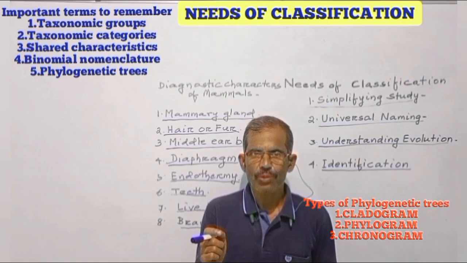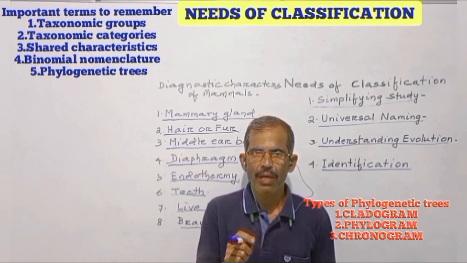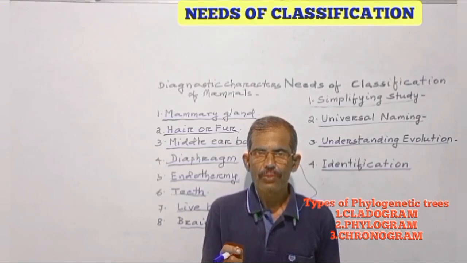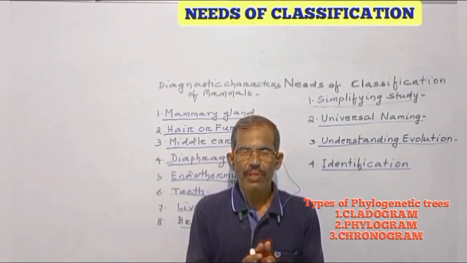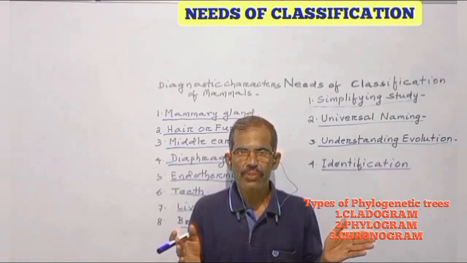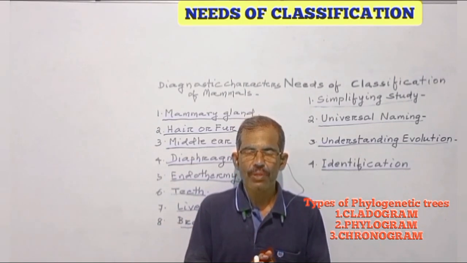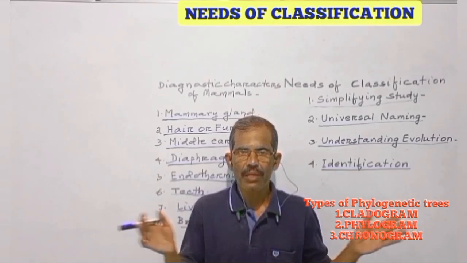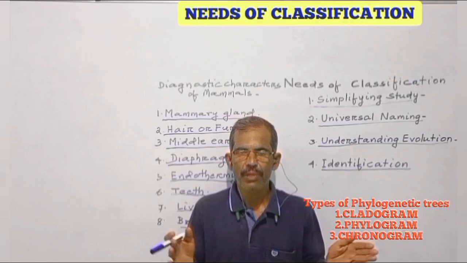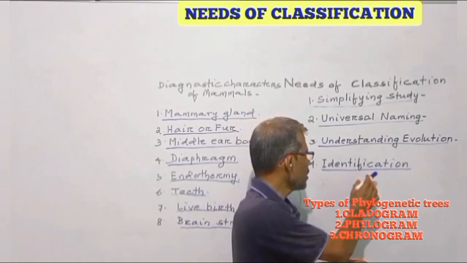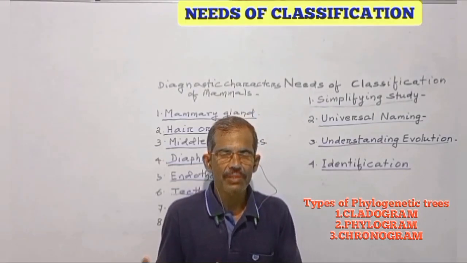Similarly, those taxonomy groups that exhibit similarities also indicate that they arose from a common ancestor. So in this way, classification helps us to understand the evolutionary history of different organisms by constructing different types of branching diagrams which are collectively known as phylogenetic trees. And about identification, it is already described.